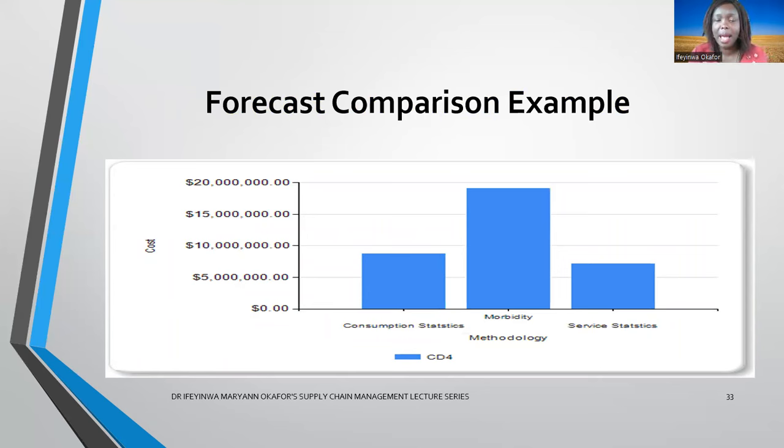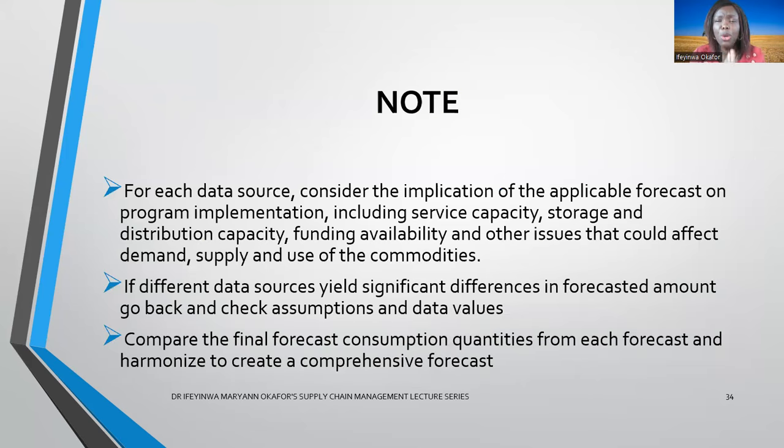Forecast comparison example. You see what we have there using consumption data, what we obtain using morbidity data, and then using service statistics. You look at the 3 data sets obtained using different methods and try to harmonize them. For each data source, consider the implication of the applicability of the forecast on the program implementation, including the service capacity.